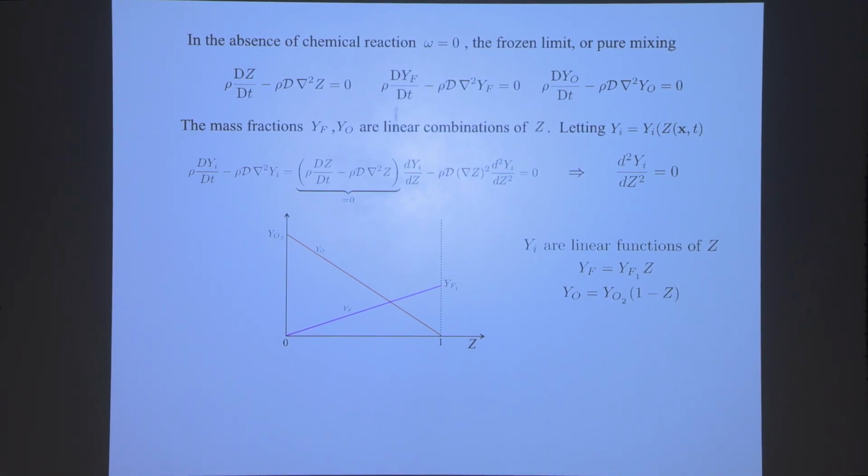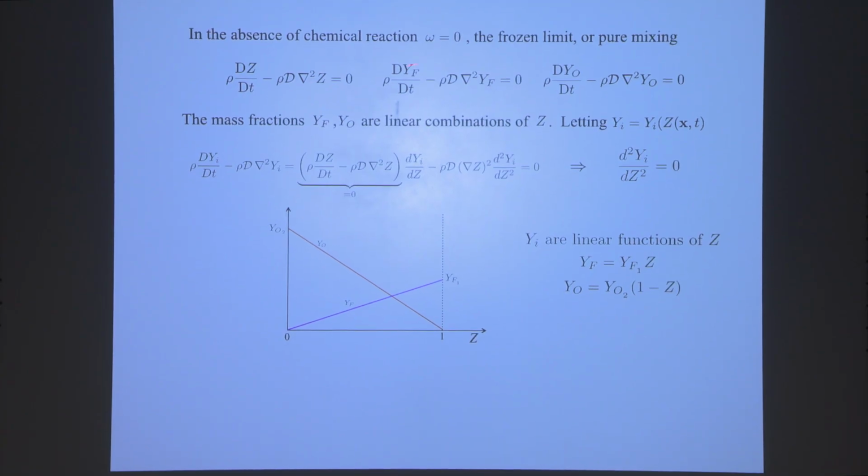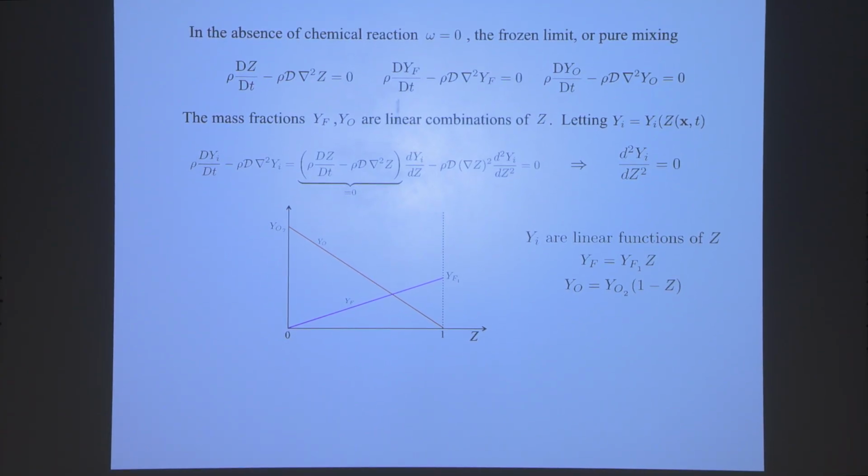And the nice thing about it is that similar to the fuel, similar to the oxidizer, when there is no chemistry, for example, in the case of frozen chemistry, when the source terms are 0, then all of them have the same mathematical equation. The operator operating on YF, YO, or Z is the same. So what this implies is that any of the YF or YO is essentially a linear function of Z, in simple words.